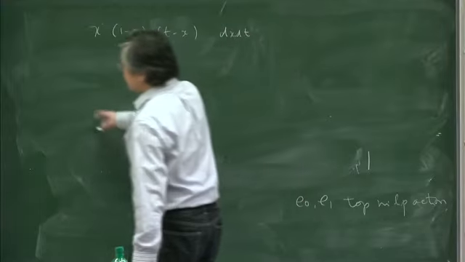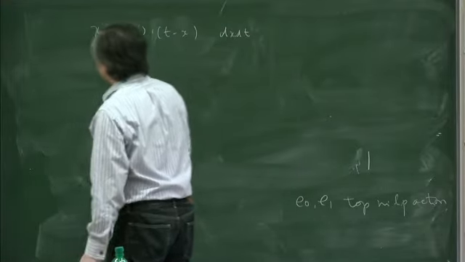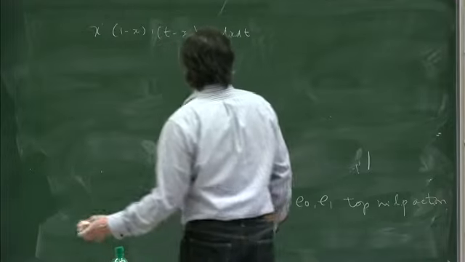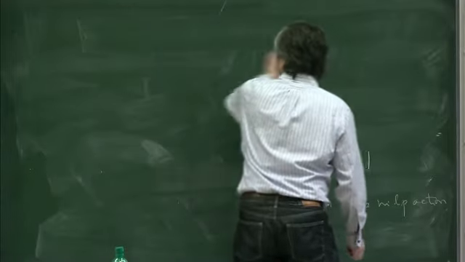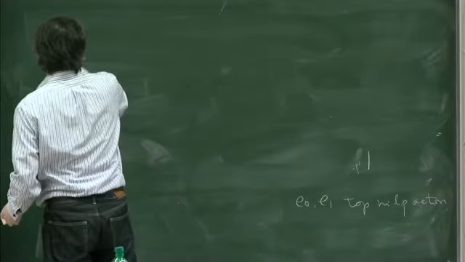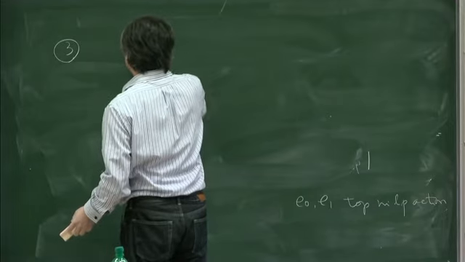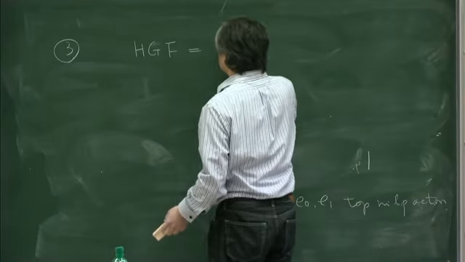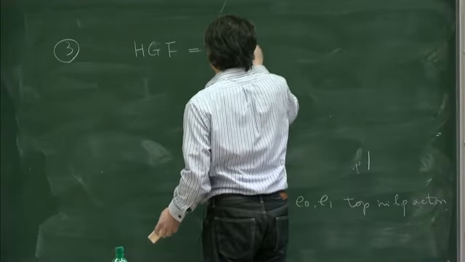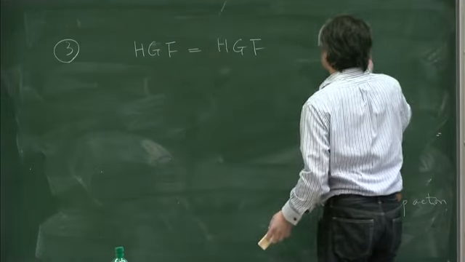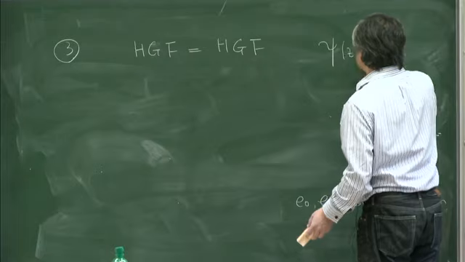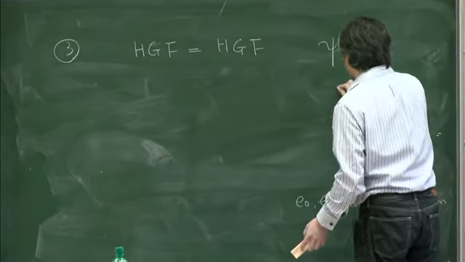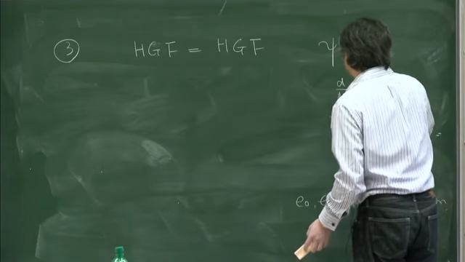I erased it, but this is how I get the second relation. And the third part is that two hypergeometric functions are equal to another hypergeometric function. So psi is in some sense d log gamma.